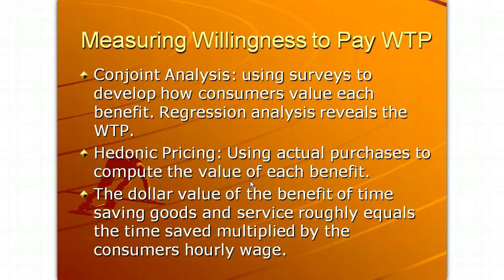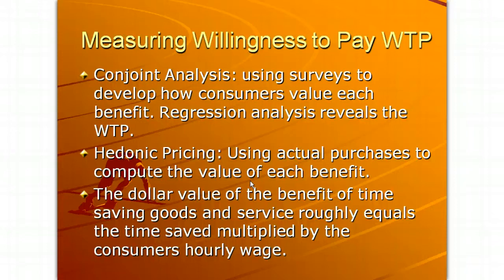So let's explain this a little bit more, because I think this can be confusing for students. It's like the conjoint analysis. You want to price each component of the product, so each attribute of the product, we want to try to price separately. Now, the key difference is that the hedonic pricing analysis uses data on actual purchases, where the conjoint analysis is just surveys.